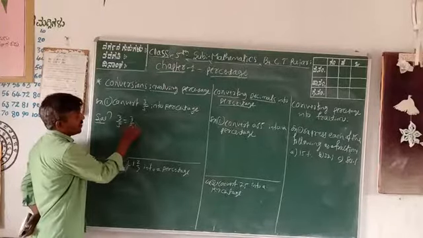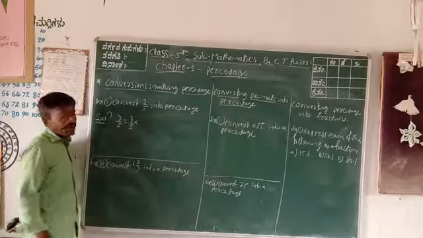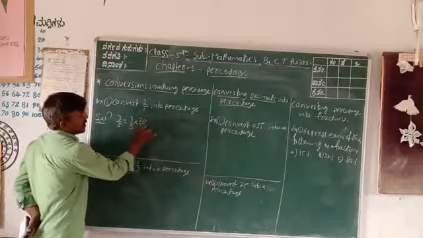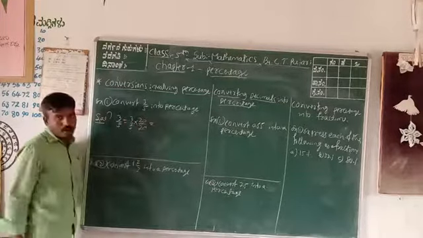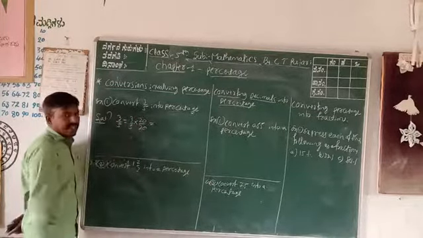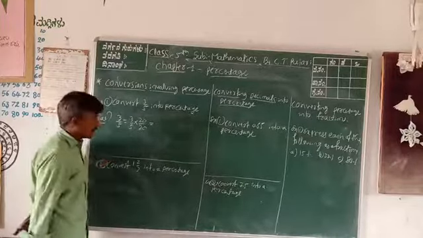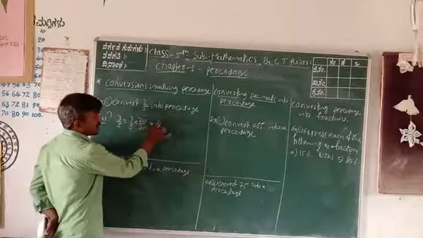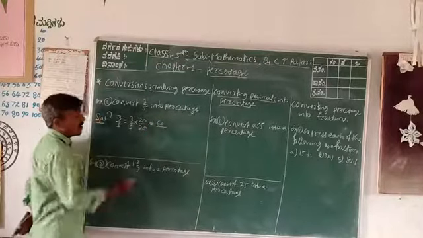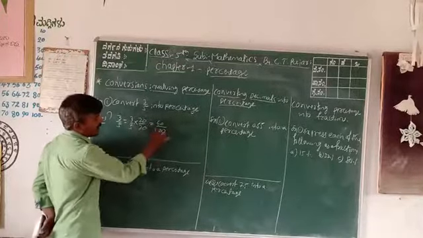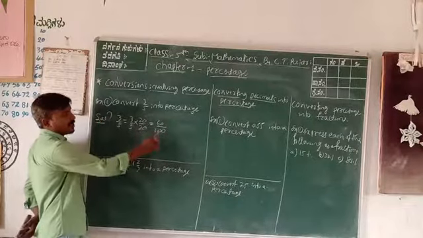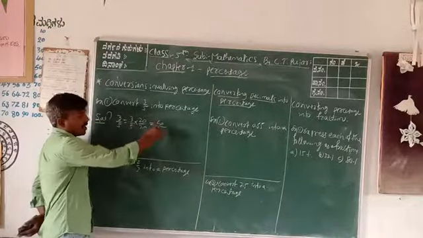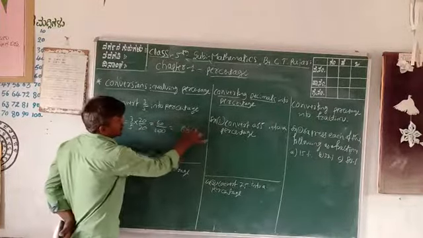Therefore, 3 by 5 into 20 by 20 makes the denominator 100. 3 into 20 is 60, and 5 into 20 is 100. Therefore, 60 by 100 means 60 percentage. This is over.